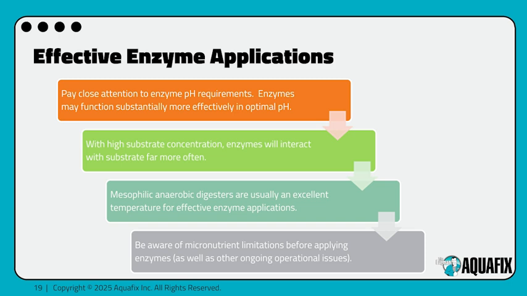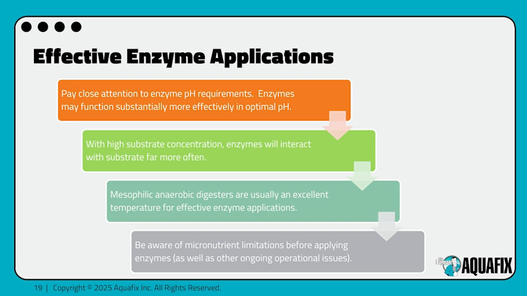Mostly, mesophilic digesters are well suited from a temperature standpoint and pH standpoint for many enzymes, but you still need to double check. And be aware of other things going on in your digester before you worry about enzyme applications. A big one would be micronutrient supplementation, or if you need additional micronutrients.